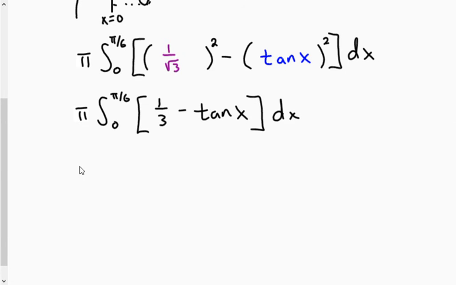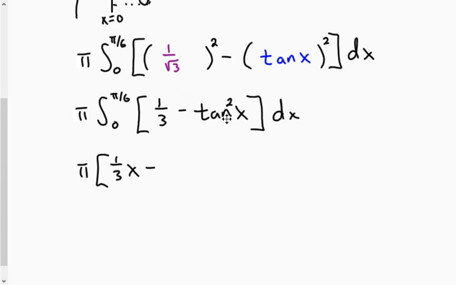Well, 1/3 is easy to integrate with respect to x. It's just 1/3 x. And then it's going to be minus the antiderivative of tangent of x. Now that's, whoops, and look at this, tangent squared. I squared 1 over square root of 3 to get 1/3. I should have squared the tangent.